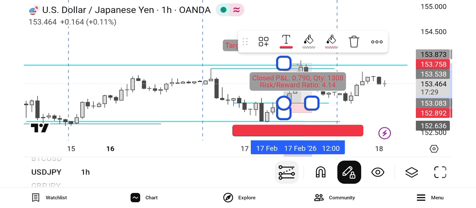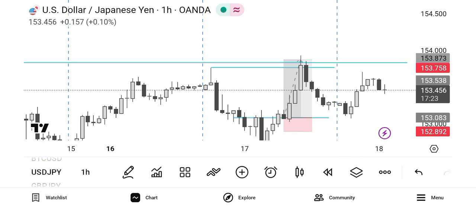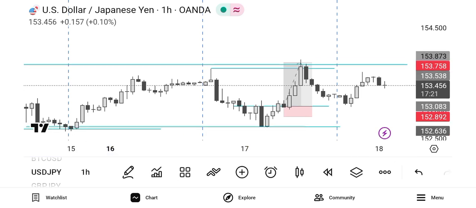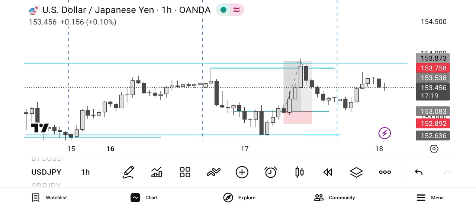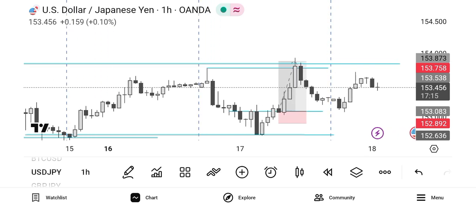Risk to reward ratio of 4.14. So we'll be brief as much as possible. Hope you learned something from it today again.